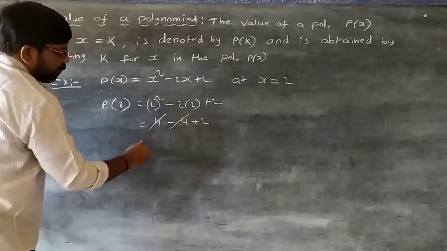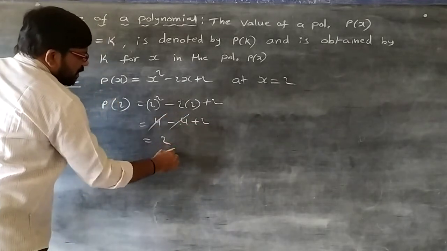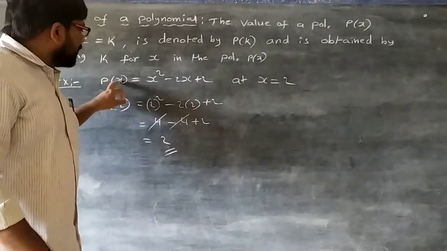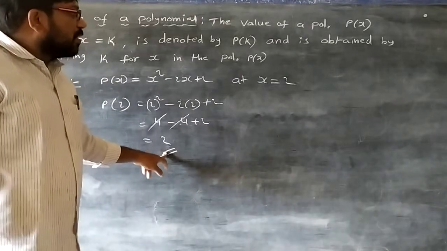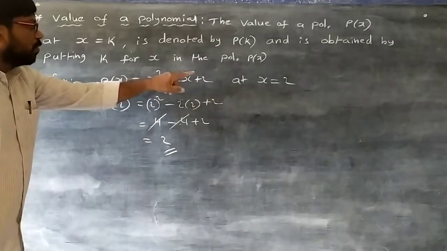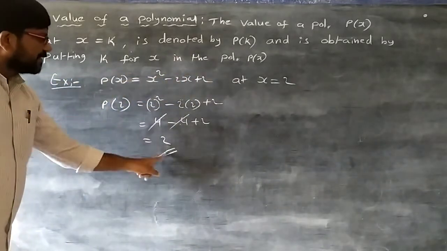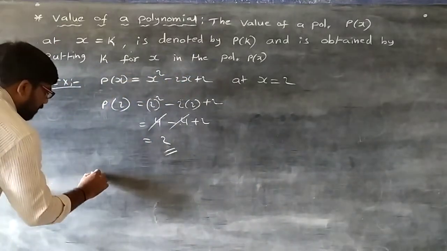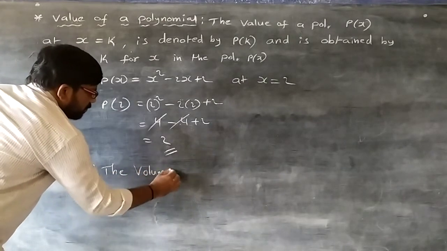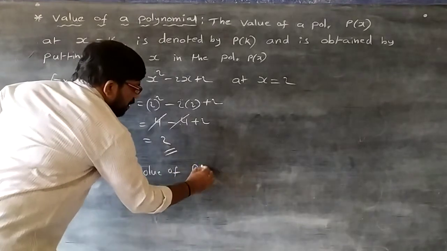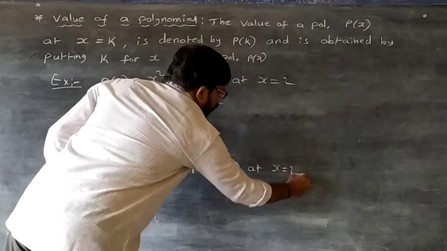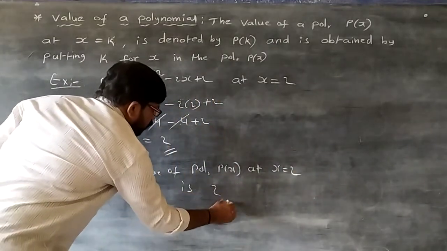Here −4 and +4 get cancelled, so that is 2. The value of polynomial p of x is 2 at x equal to 2, right?